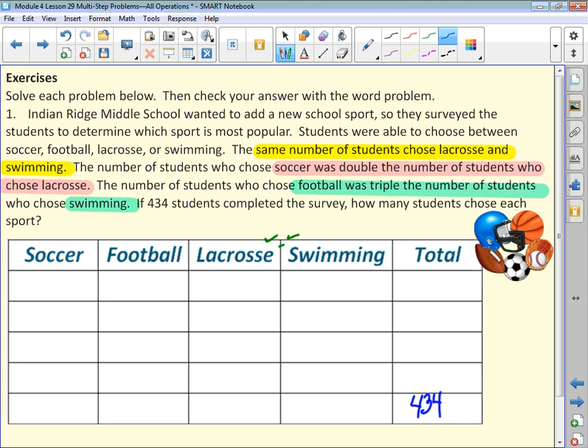What can I start with? Well, soccer is double lacrosse. Lacrosse and swimming are equal. Football is triple swimming, so it looks like I should start with what? Let's start with soccer.